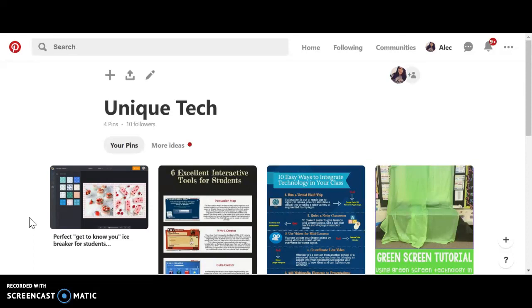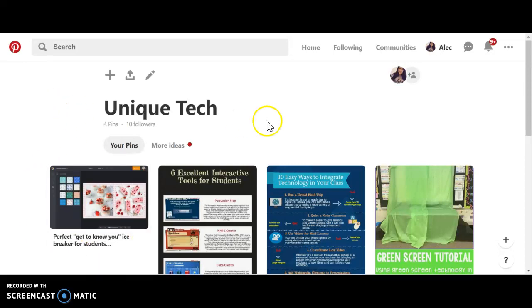I ask them to share with me basically a number of pictures that describe them. When students are given the opportunity to visually show you something, they usually have a lot of fun with that. So this is a get to know you icebreaker lesson with step-by-step instructions on how to navigate the website.